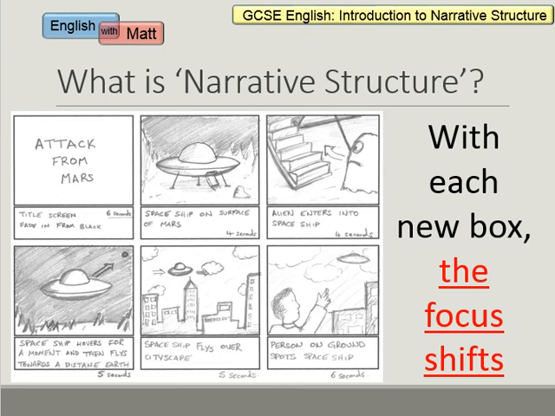So think about drawing out the paragraph. If the drawings are different in each paragraph, it means that the writer is showing you different things, and therefore the focus is shifting. And in order to have a shifting focus, that obviously means you're moving through the text in some kind of sequence.